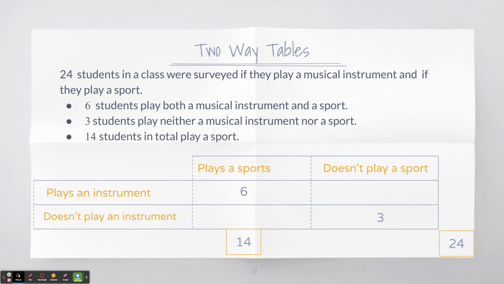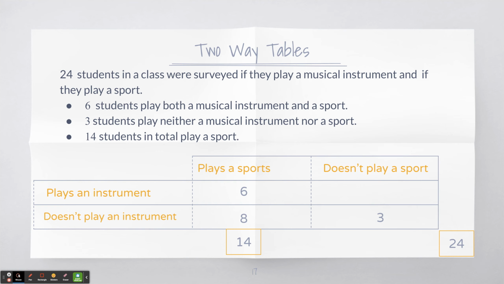So how many students play a sport but don't play an instrument? That would be 8, because 6 plus 8 is 14, right? Now the question is how many students don't play a sport but do play an instrument? That I can't get automatically until I look at the total number of students that don't play a sport.